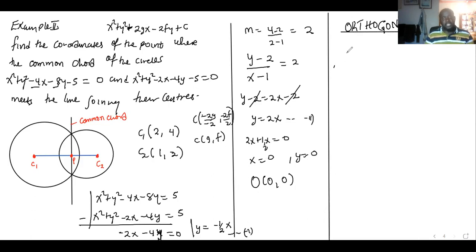Now, two circles are orthogonal if and only if they intersect at right angles, i.e. 90 degrees.